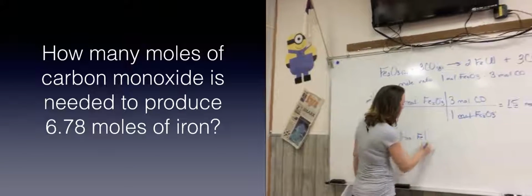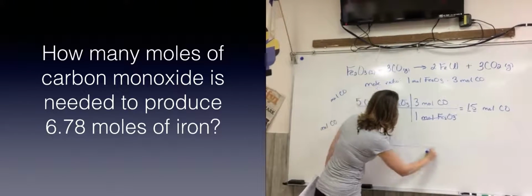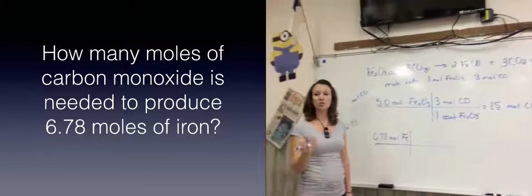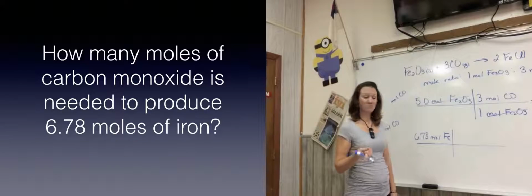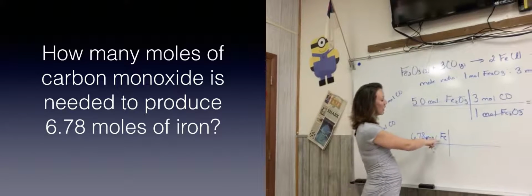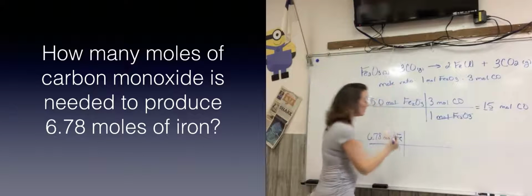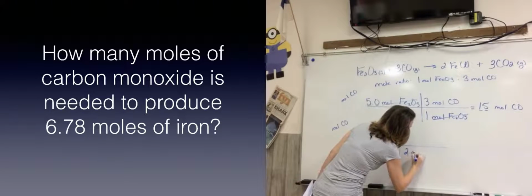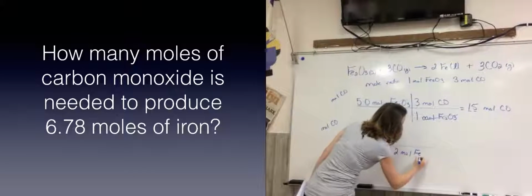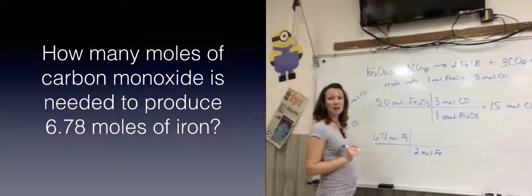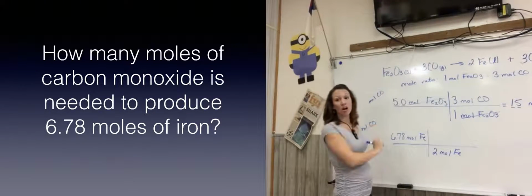Well, since I'm in moles, I can go from moles of iron to moles of carbon monoxide using my mole ratio. So I'm going to look for iron up in my balanced equation. I see I have a 2 coefficient out in front of it. So I want to put 2 moles of iron on bottom. Again, my outcome needs to be in moles of carbon monoxide.